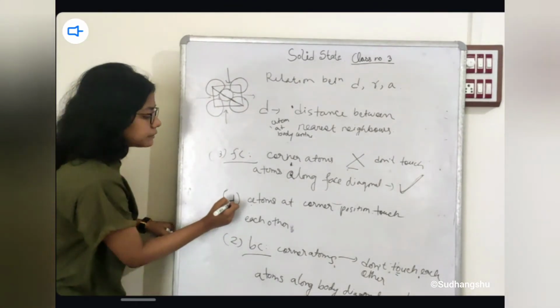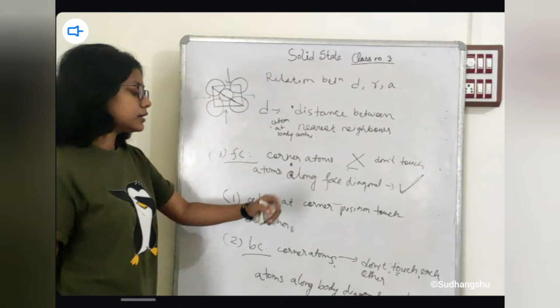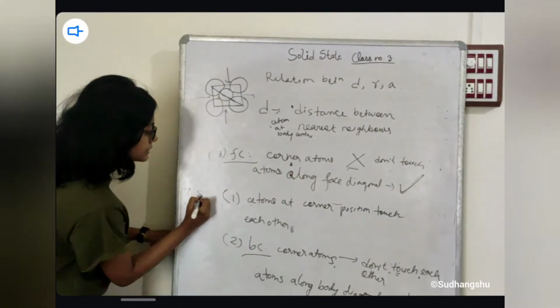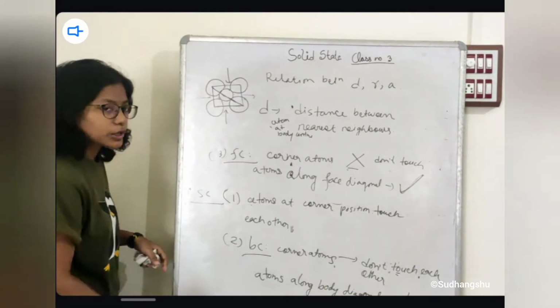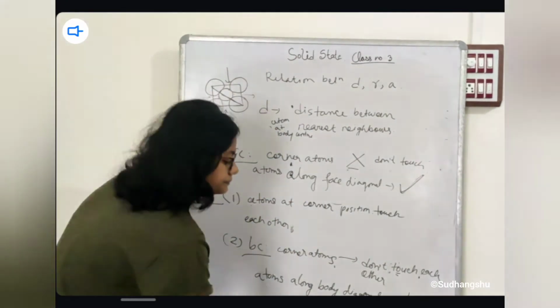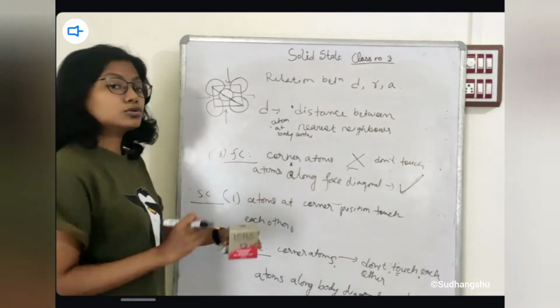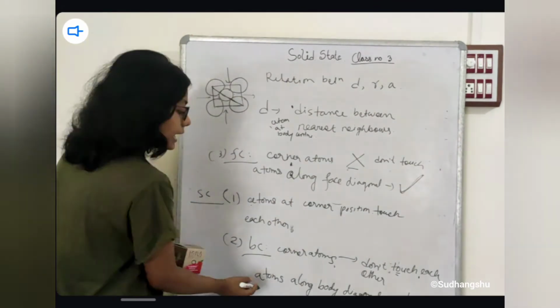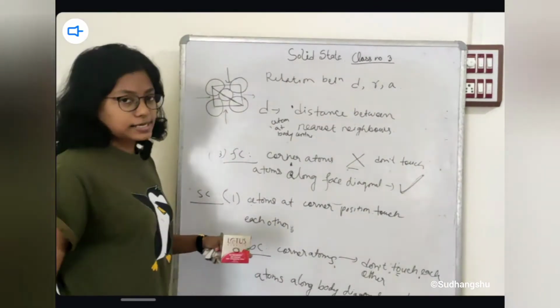So what we learned from this: atoms at the corner positions touch each other for a simple cubic cell. For body center, atoms at the corner positions do not touch each other; instead, atoms along the body diagonal, the line joining two opposite corners, touch each other.